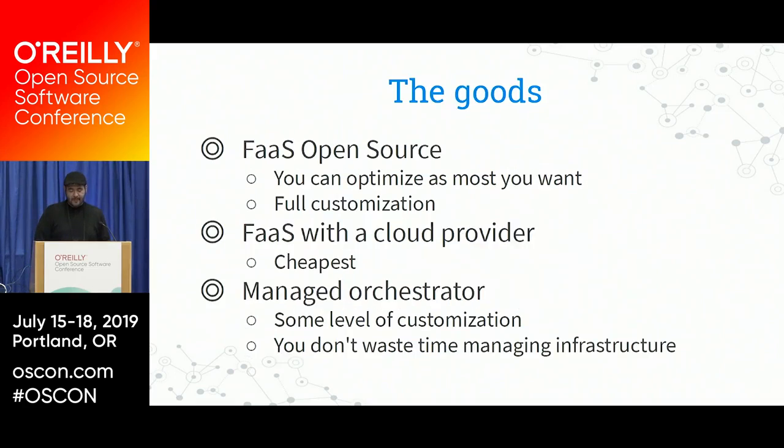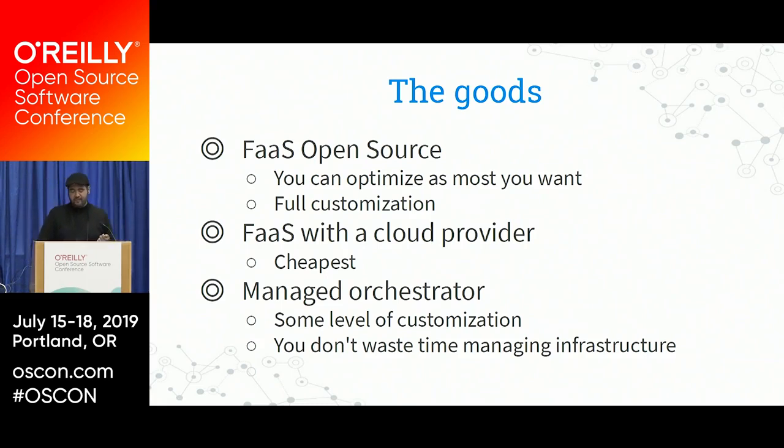The goods of an open source solution is that you can optimize all parts of the system. There's full customization of the system. And if you use a FaaS with a cloud provider, it's very cheap. For example, with Lambda, you only pay for the requests, not for the lifetime of the instance. So it's very cheap.